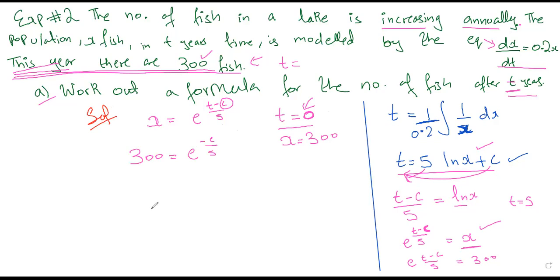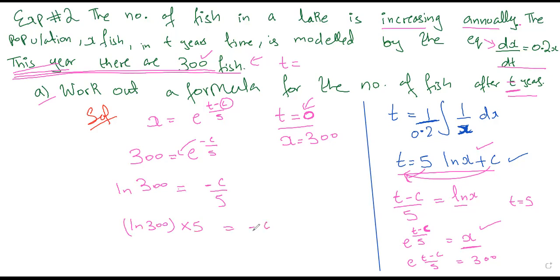Okay, and how do we solve it? How do we find the value of c? By taking natural log. So ln of 300 equals ln of this, which would give us minus c by 5. And so we will have ln 300 multiplied by 5 equals minus c, right?